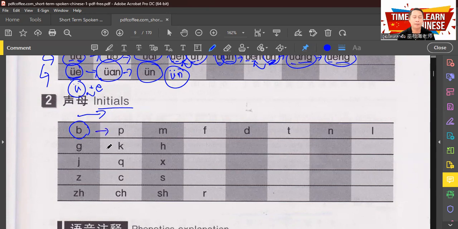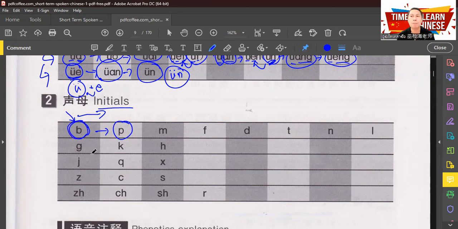Okay. Next one, P, we will say 坡. P is p, so we have to accent quite similar. 坡. But for B, we have to focus on your lip. Your lip will be a bit tight. 波 is B. Again, please.